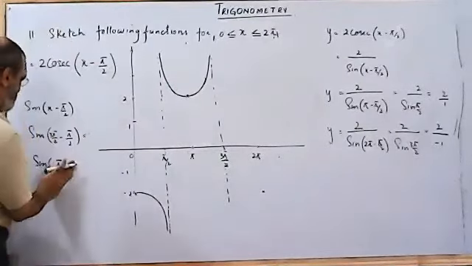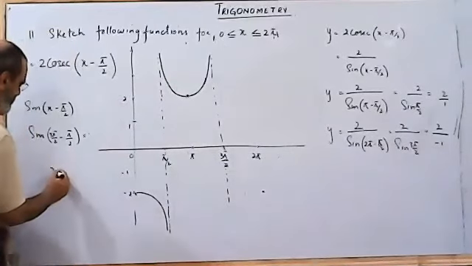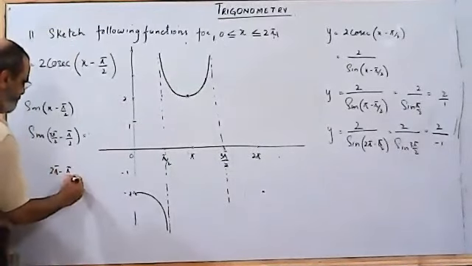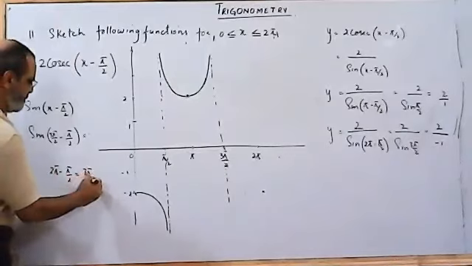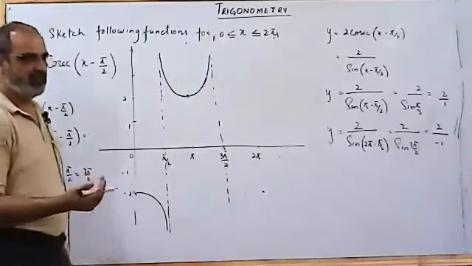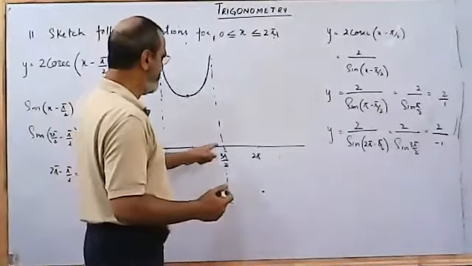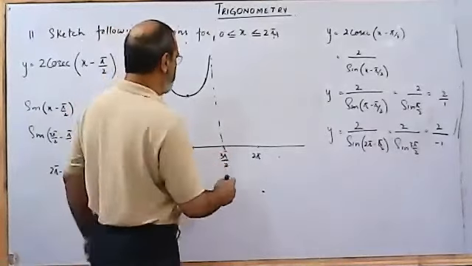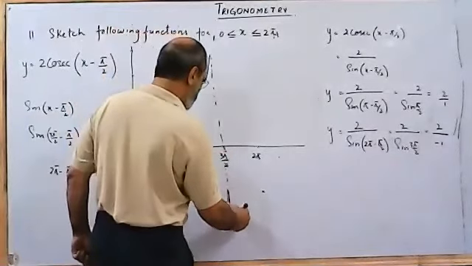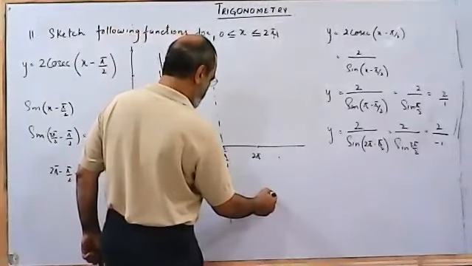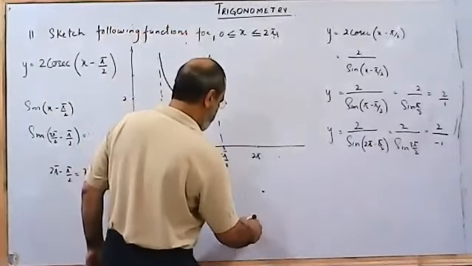And when I consider 2 pi minus pi by 2, that is 3 pi by 2. So obviously 3 pi by 2 lies in the third quadrant. That's why the curve will be in the negative section here. So at 3 pi by 2, it is still undefined, but the curve behaves in this manner.